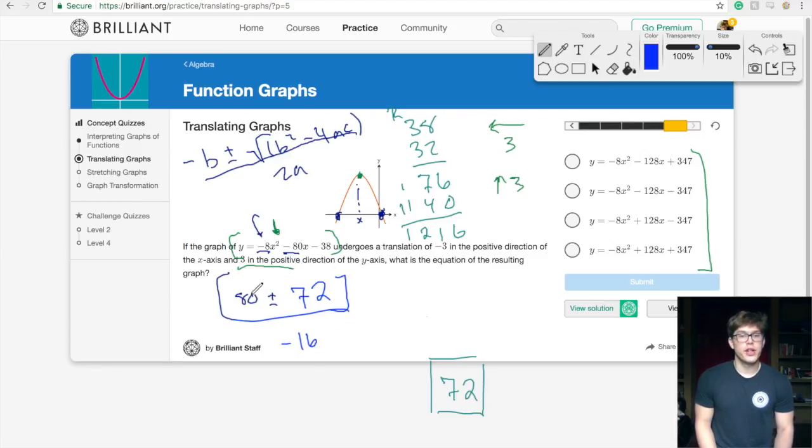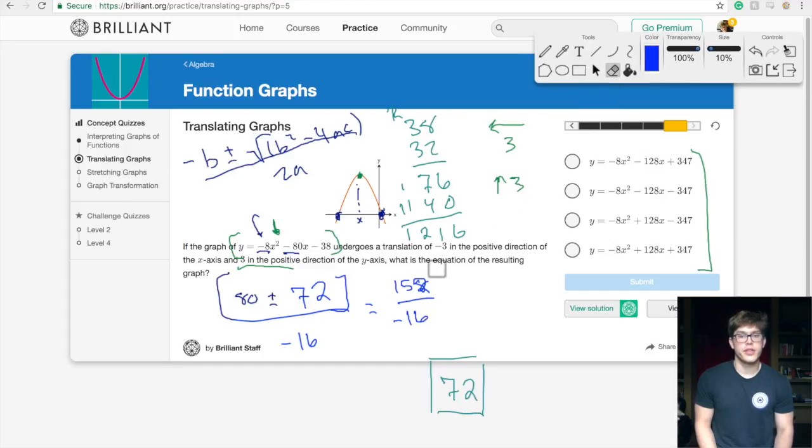So we have 80 plus 72, which is, I believe, 152, right? And this is all over negative 16.